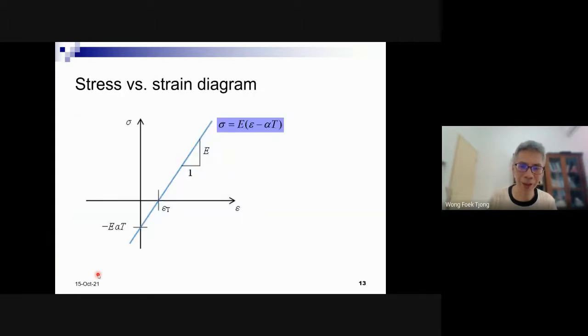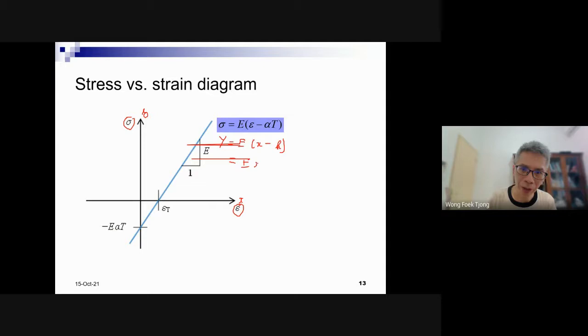Okay, if we draw the stress and strain relationship, for example, the x-axis is epsilon, the y-axis is sigma, and this is like a function, right? Imagine in mathematics, this is x, in this case epsilon, and this is y, in this case the sigma axis. This is just like y equals E x minus a constant, right?